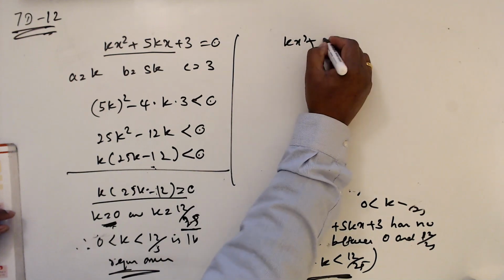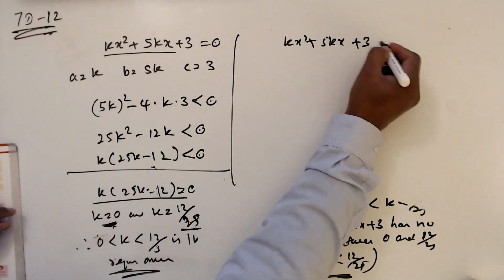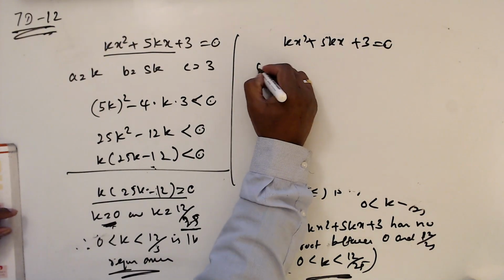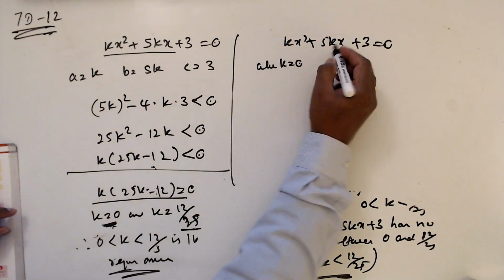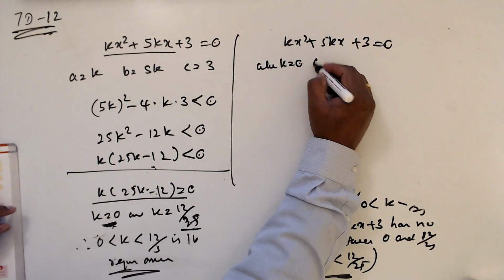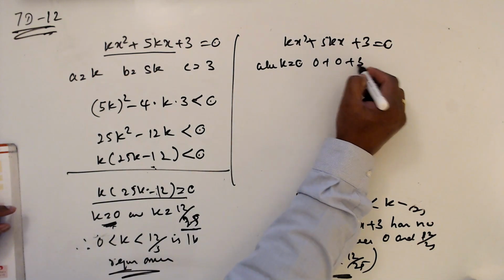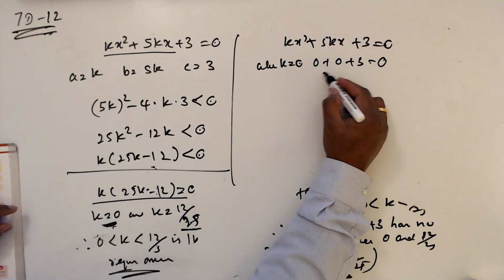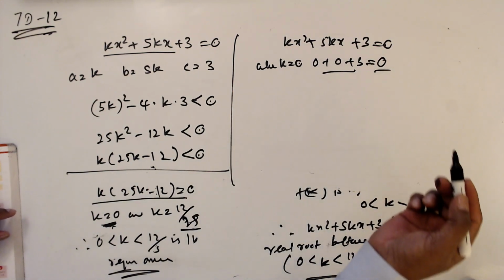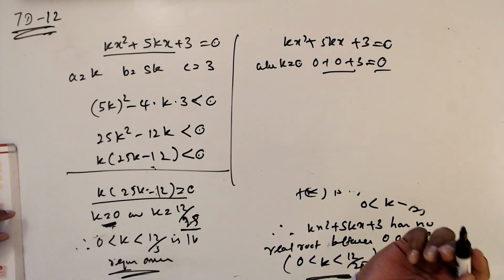kx squared plus 5kx plus 3 equals 0. When k equals 0, this is going to be 0 plus 0 plus 3 equals 0. It means LHS is not RHS. It's impossible.